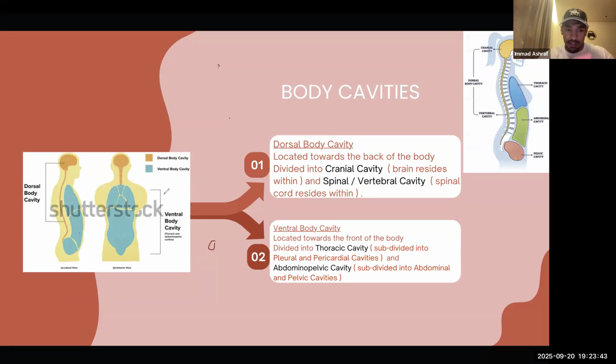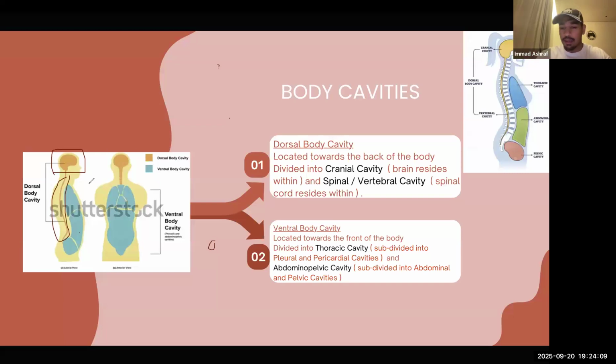It's the cavity within which the brain is. And then you have a spinal cavity or a vertebral cavity, and this is the one within which the spinal cord resides. So this part right here is your cranial cavity, which is a part of your dorsal body cavity, because you can see it's towards the back. And all of the rest of this is your vertebral cavity.